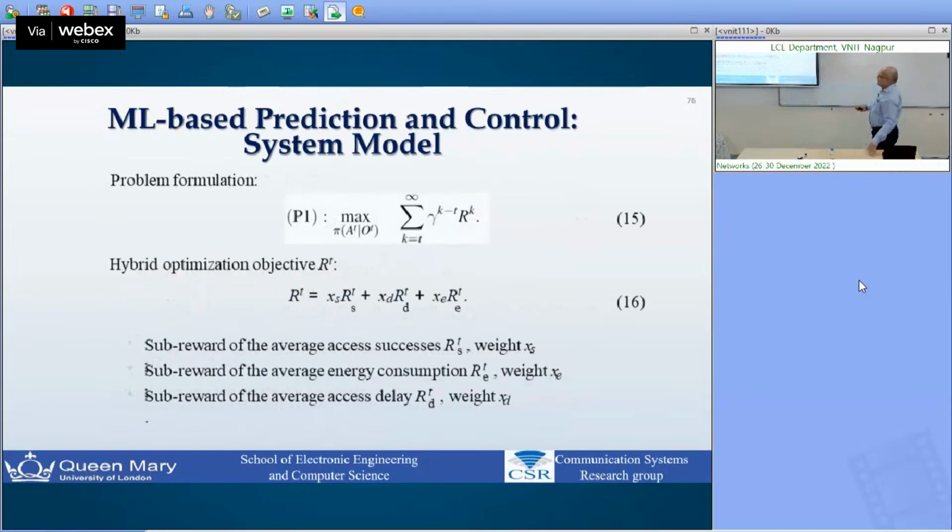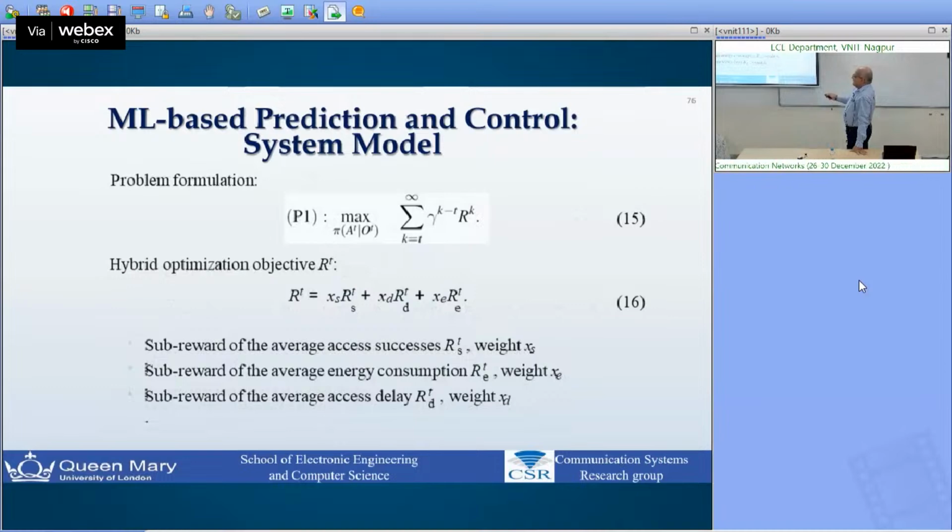So now what we are going to do is the hybrid reward function. So here we have weights. This is the number of successfully served devices, or throughput. This is to minimize the delay. We have to minimize the energy consumption.